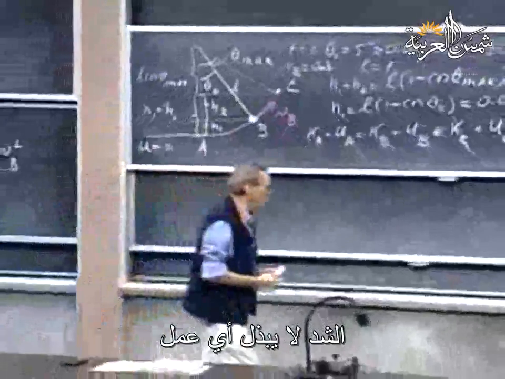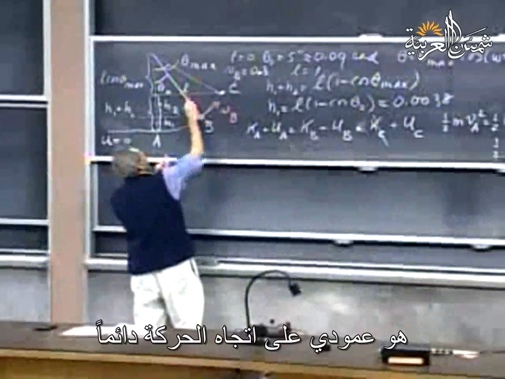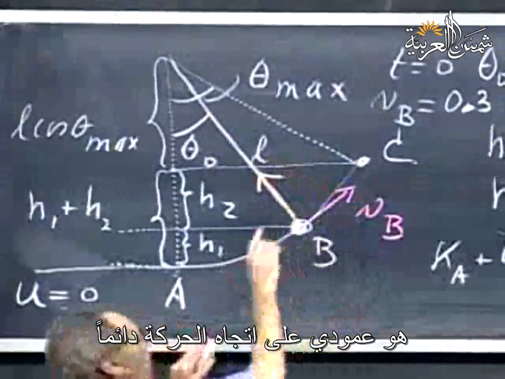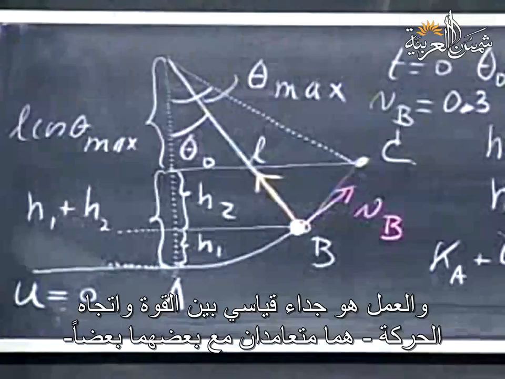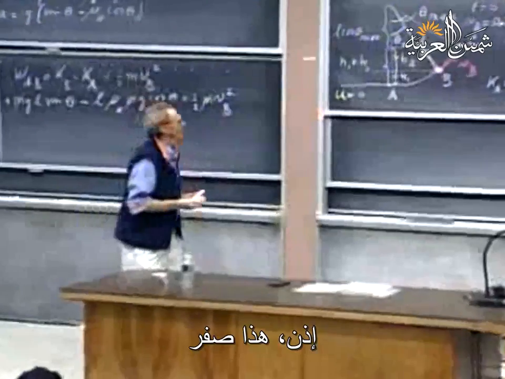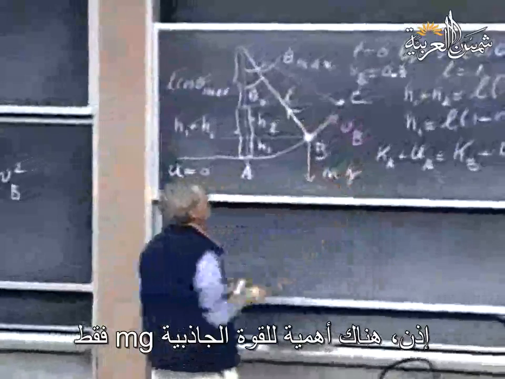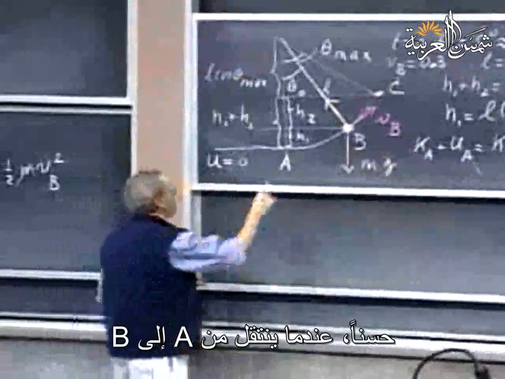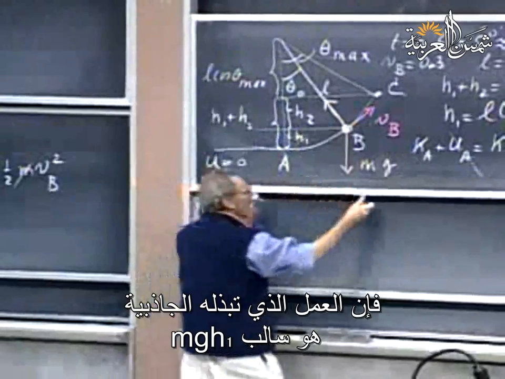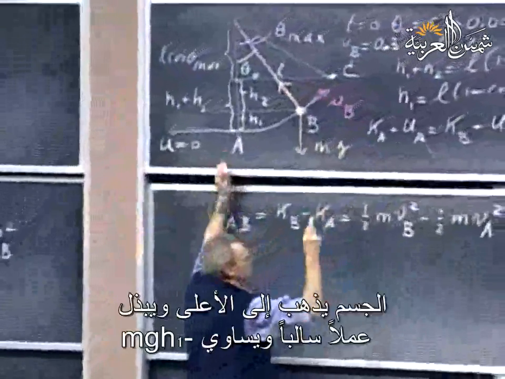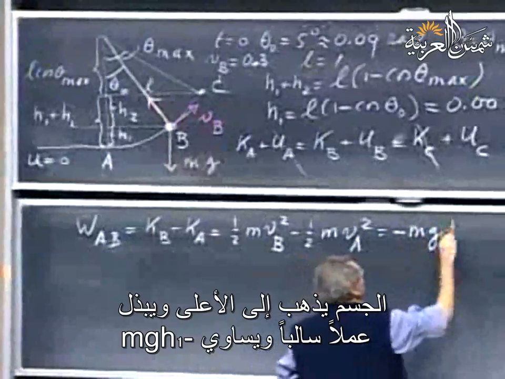The tension is not doing any work, because the tension, which is in this direction, is always perpendicular to the direction of motion. And work is a dot product between force and the direction of motion, perpendicular to each other. So that's zero. So it's only mg that matters, the gravitational force. Well, when it goes from A to B, the work done by gravity is minus mgh1. Object goes up, it does negative work, equals minus mgh1.